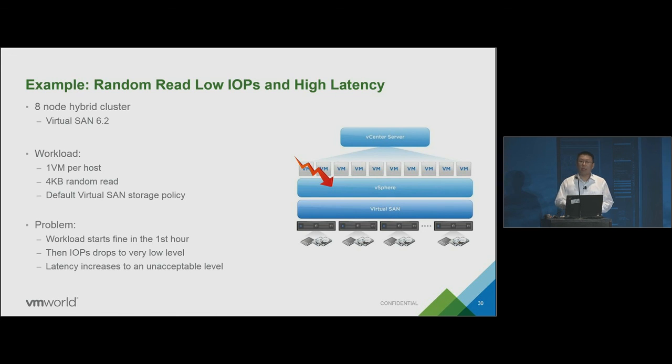The workload is running on the first active VM on each host, and the default Virtual SAN storage policy is used. The workload starts fine in the first hour. Then it suddenly experiences an IOPS drop and a latency increase.